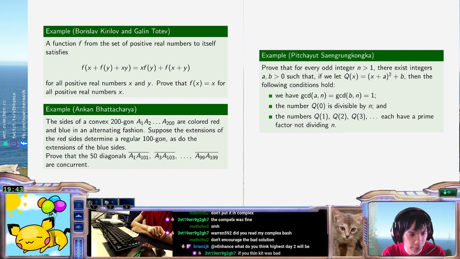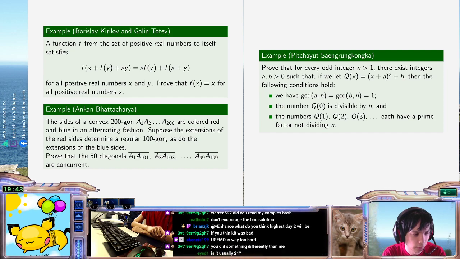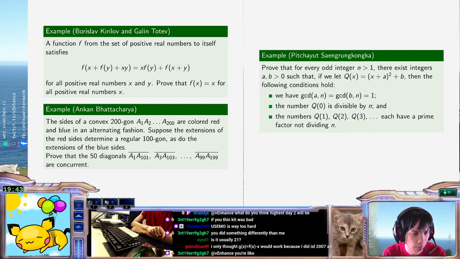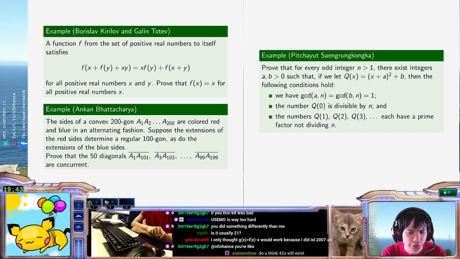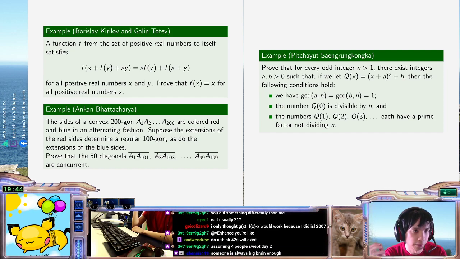What do you think the highest day 2 will be? 21. I think someone swept day 2. Is it usually 21? No. Oh, sorry. The top day 2 award is given out after first place, second place, third place, and the honorable mentions are removed.